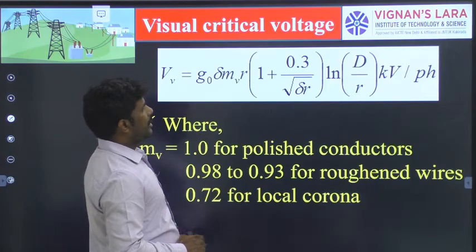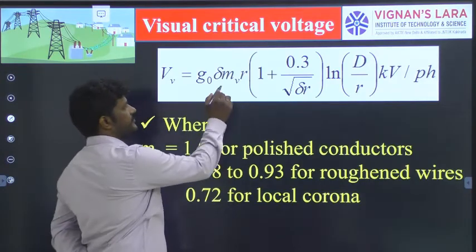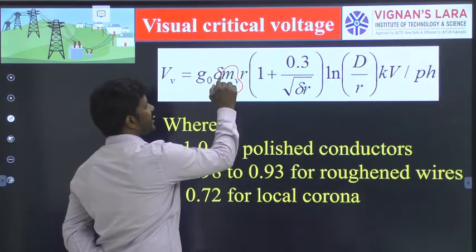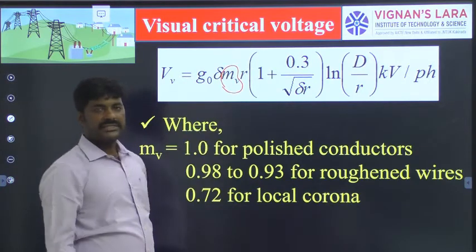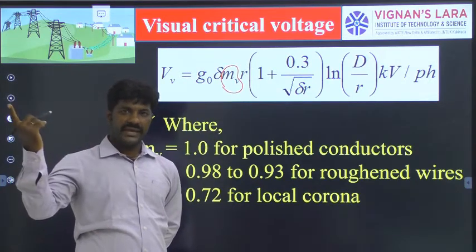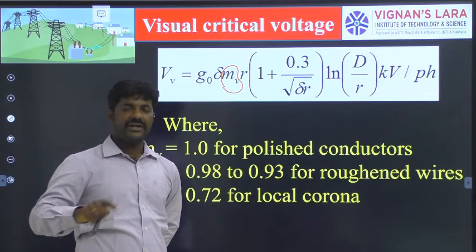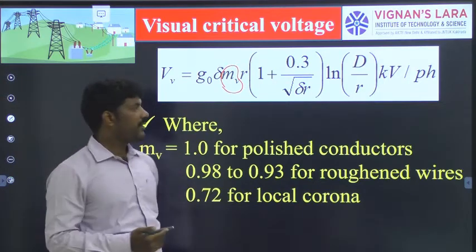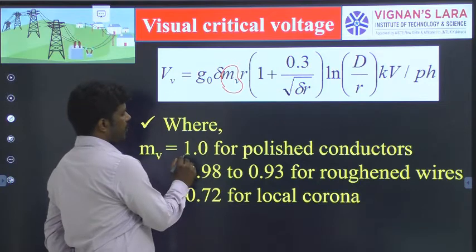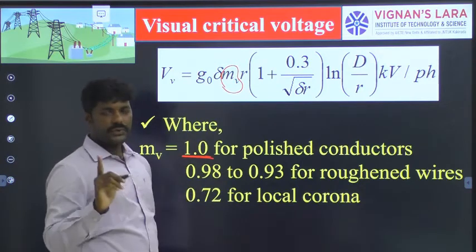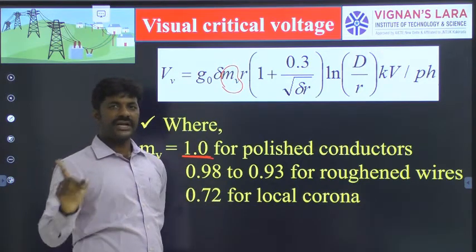The magnitude of this MV is important. Similar to M naught in the case of VD, MV should also be defined for different case studies. It should be taken as 1, unity, for polished conductors.